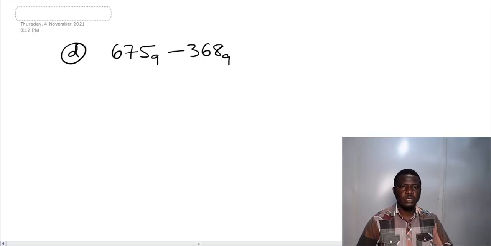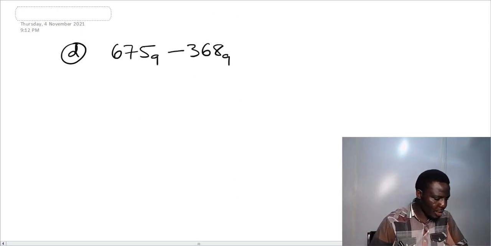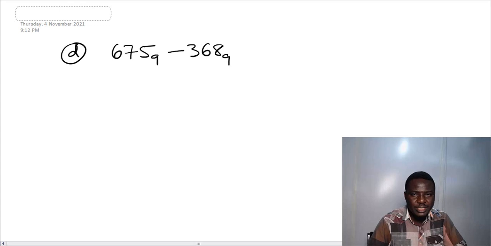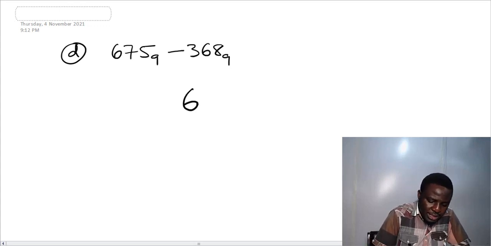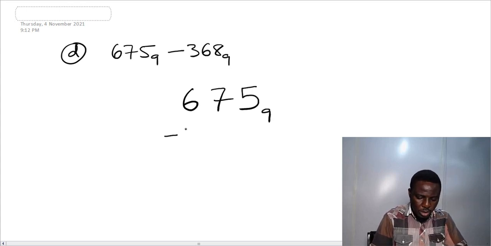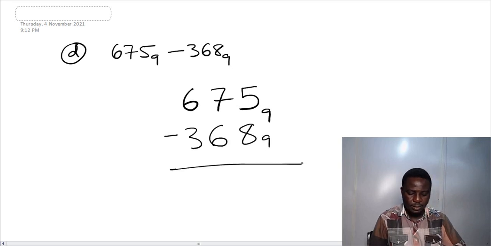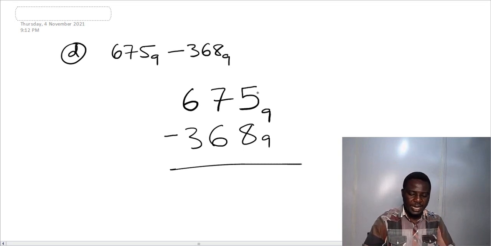Let's take more examples. This example is on base 9. We are going to follow the same procedure that we have been taking. This becomes 675 base 9 minus 368 base 9. We follow the same procedures in subtracting by saying 5 minus 8, it cannot.